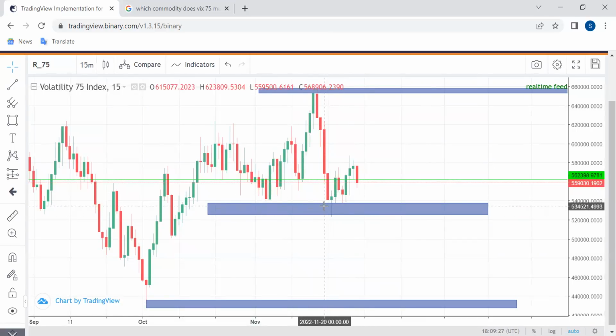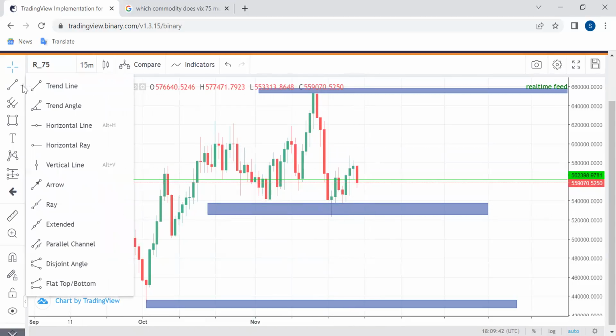So what I would want to do here, after identifying these zones, there are two possible scenarios that are going to happen. The first one is after the market breaks down this current support. Let me draw using arrows so that you guys can see.